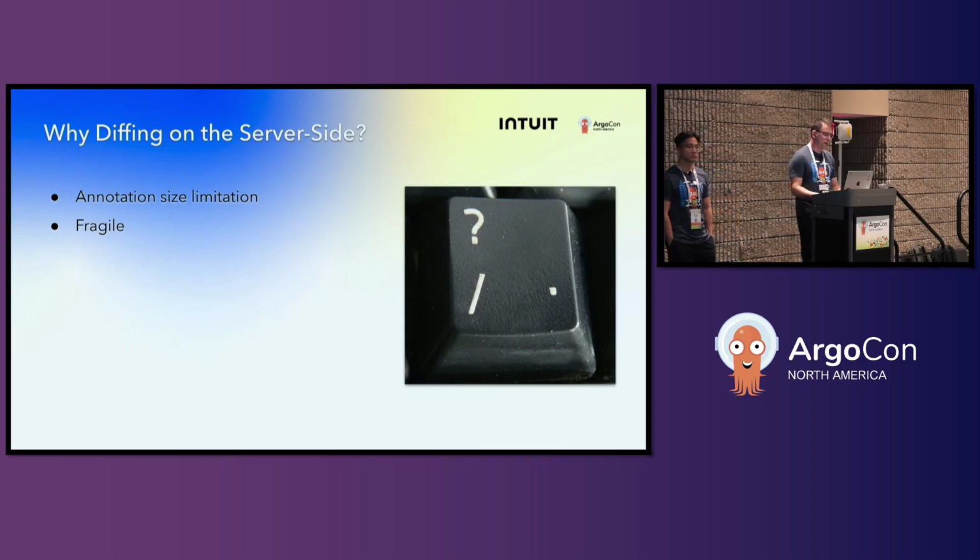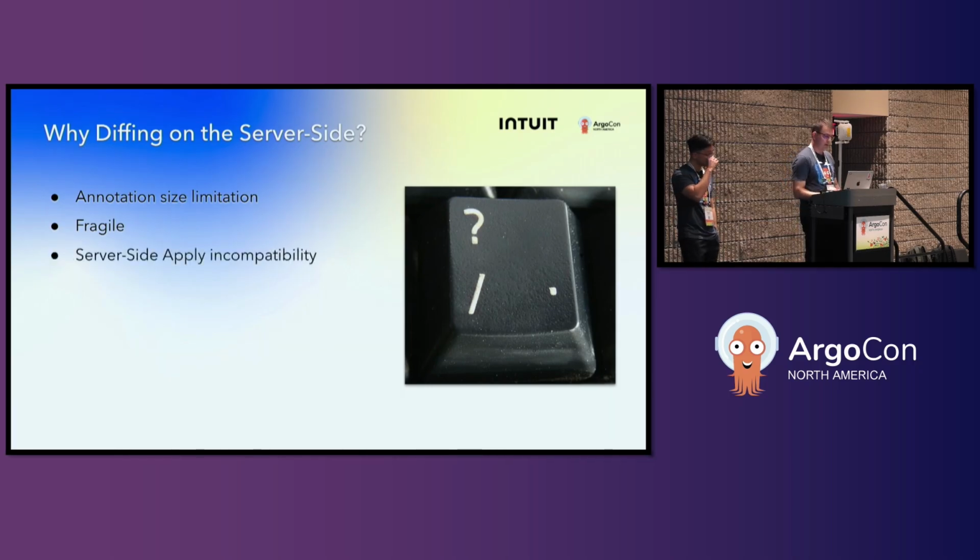You want to maybe add a new label or change an annotation in the resource. The problem is when you do that, it will update the last apply configuration, right? At that point in time, Argo CD thinks that it manages those fields, and you start getting conflicts and you start dealing with those ignored differences. So that's what we mean by fragile.